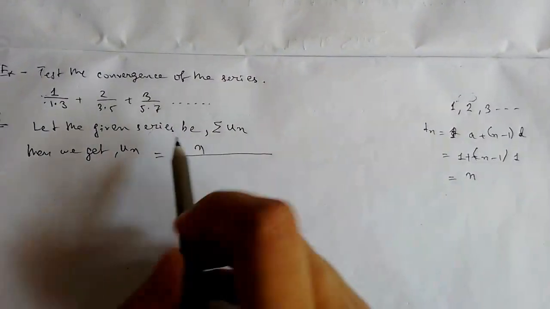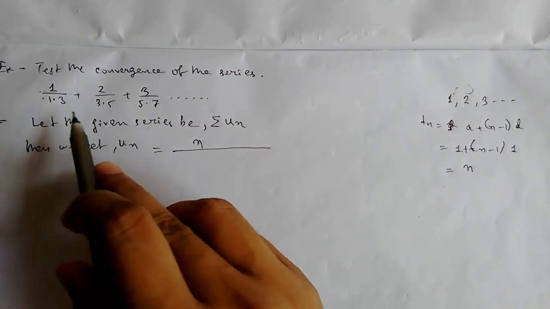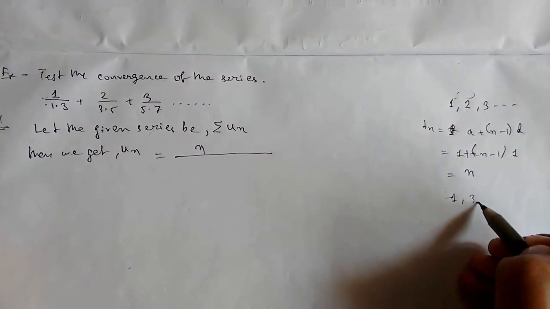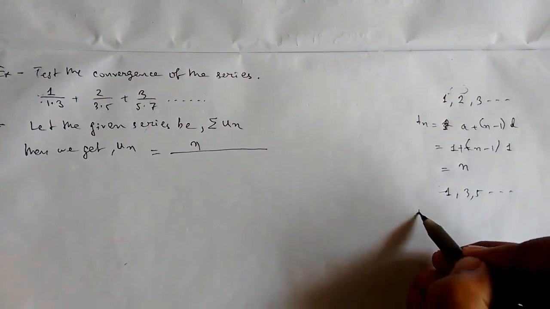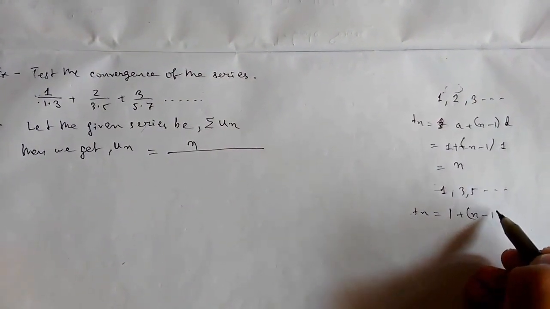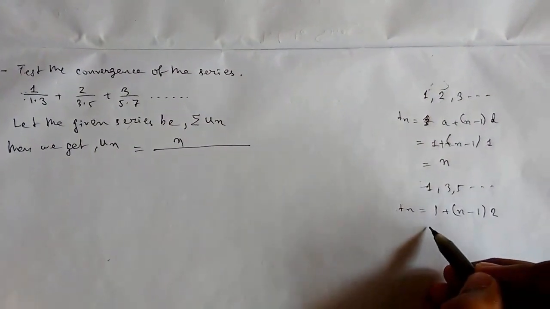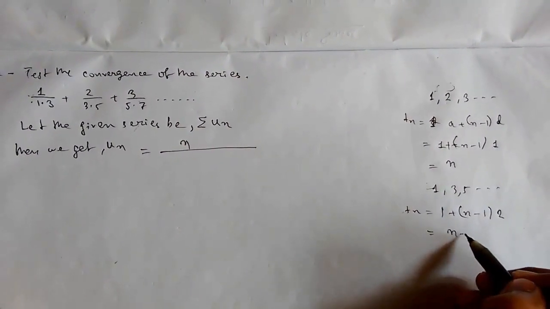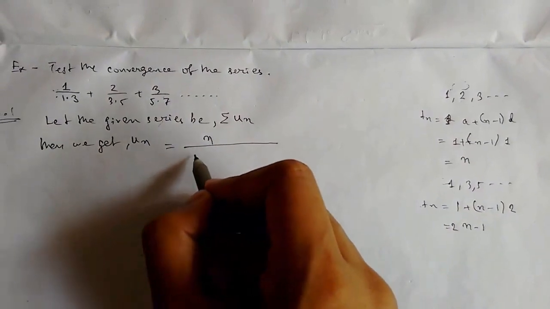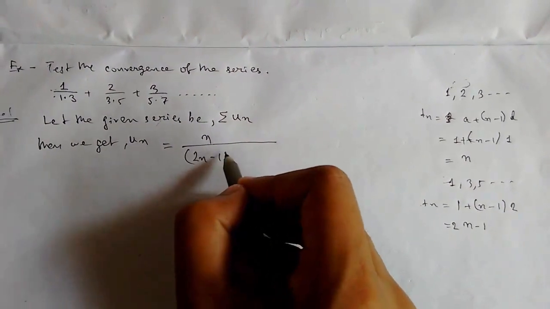Now for the denominator, there are two series. For the first series 1, 3, 5, the first term is 1 and the common difference is 2, so Tn is 1 plus n minus 1 into 2, which is 2n minus 1.